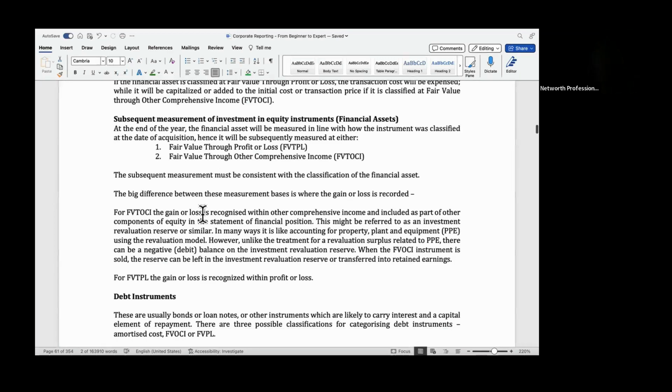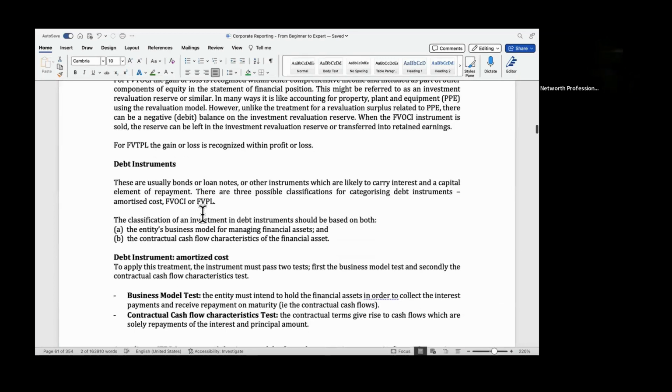Now, still on financial assets, the next one is debt investment. You see, when you invest in debts or debt instruments, and let me write it in full, investment in debt instruments, it simply means that you have lent somebody money.